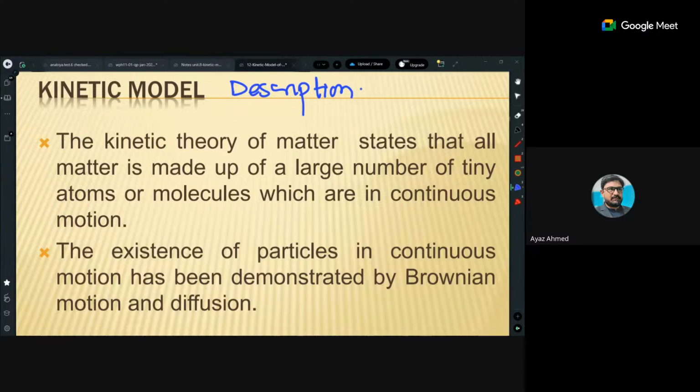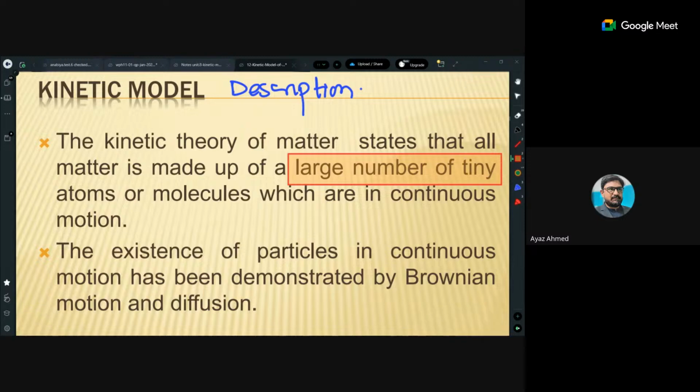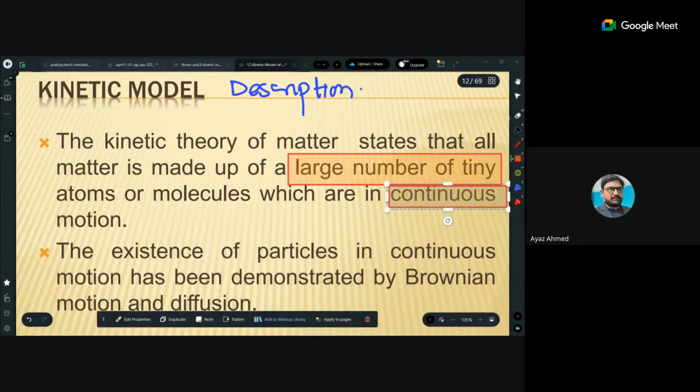When we describe the kinetic molecular model, we say that the kinetic theory of matter states that all matter is made up of a large number of tiny particles of atoms. It is not large particles, but a large number of tiny particles, and they are in a continuous state of motion.